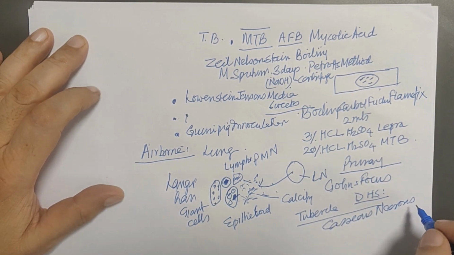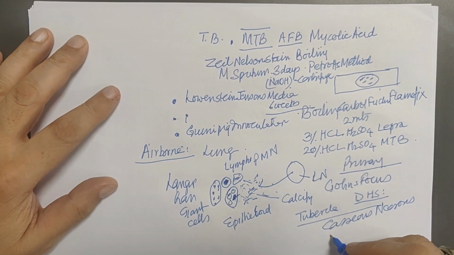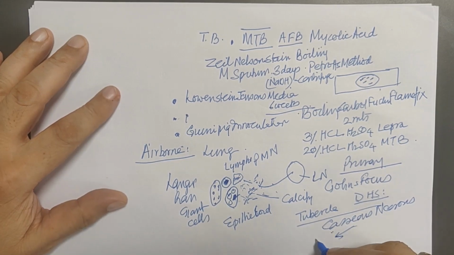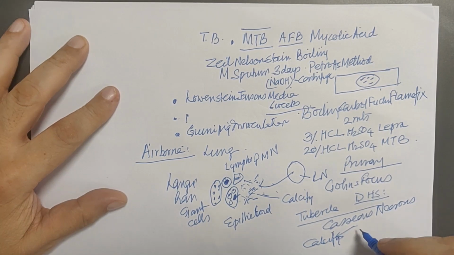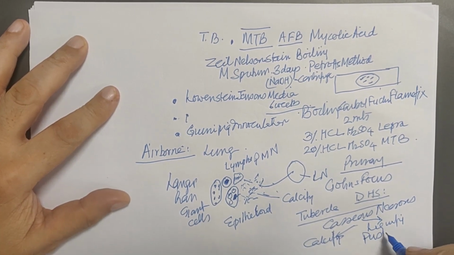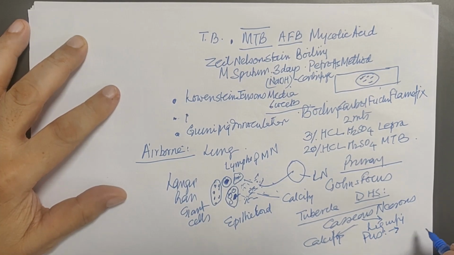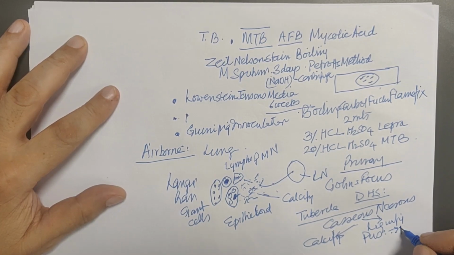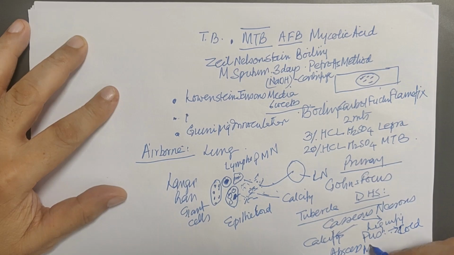So there may be caseous necrosis, and this caseous necrosis may calcify, or it may liquefy, leading to pus formation, and this pus may lead into the bronchus, or it may form what is called a cold abscess, which may track down muscle planes.